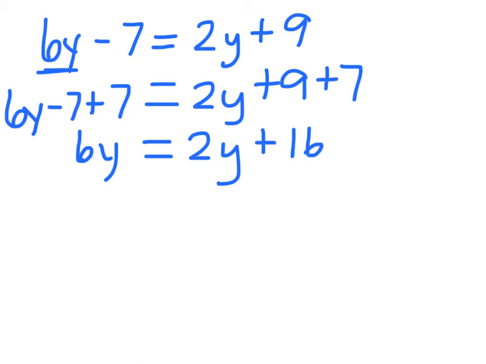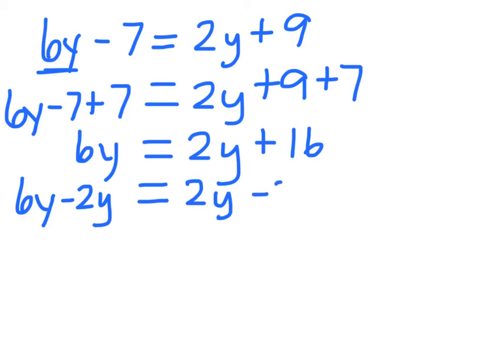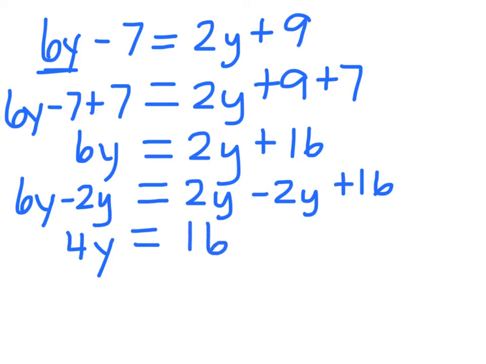Okay, so in the next step, I need to get all of my y's on one side of the equation. So I'm going to do that by subtracting 2 y's from each side. Which will give me a new equation that says 4y, because 6y minus 2y is 4y, equals 16, because 2y minus 2y is 0.